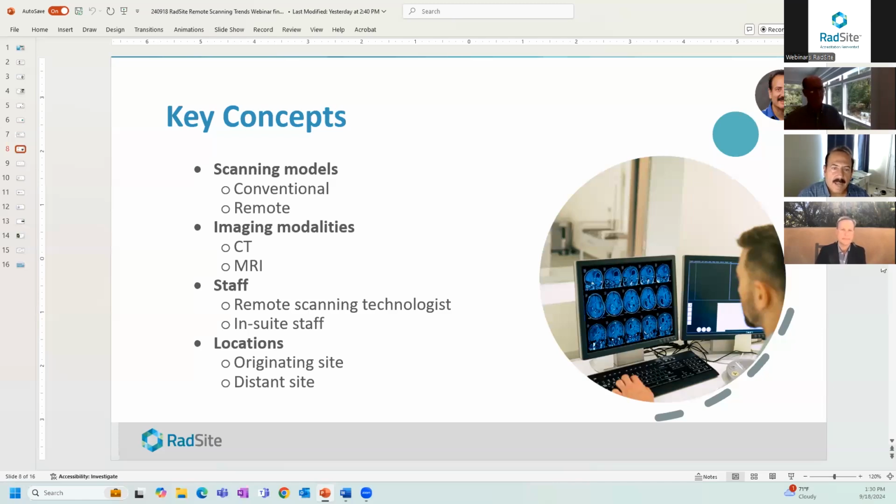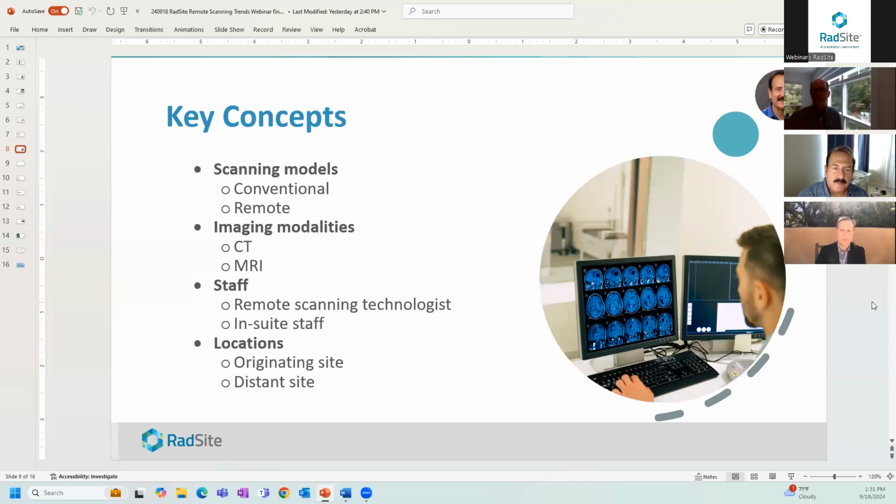Thanks. And I would imagine that virtually all remote scanning is with CT and MRI, and very little with other modalities with regard to a technologist remotely operating a scanning console.